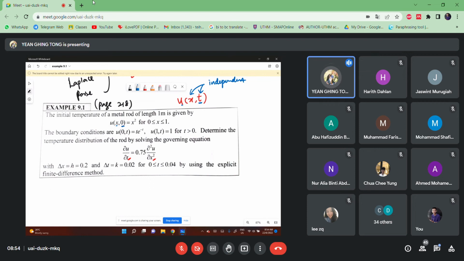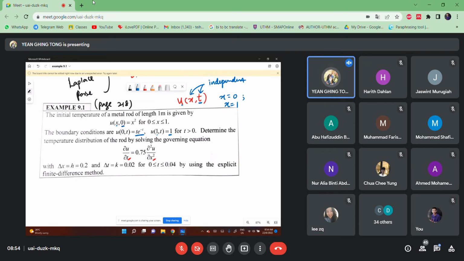The boundary conditions: when x is 0, the value of u is given as a function of t. When x is 1, the value of u is equal to 1 for t larger than 0.